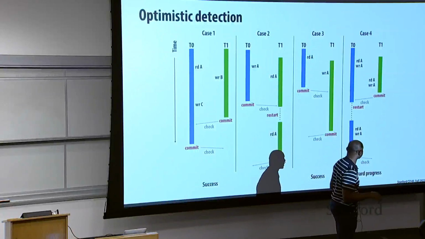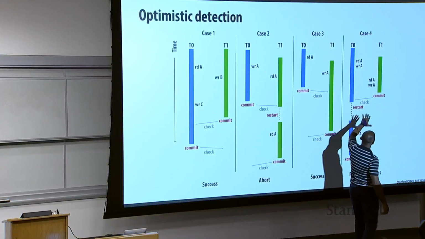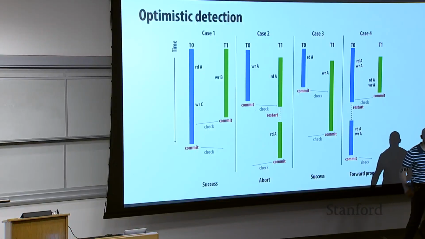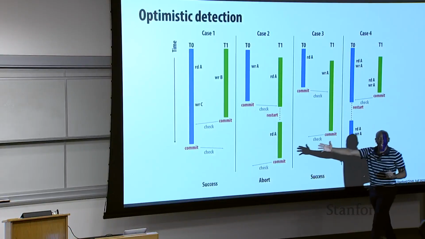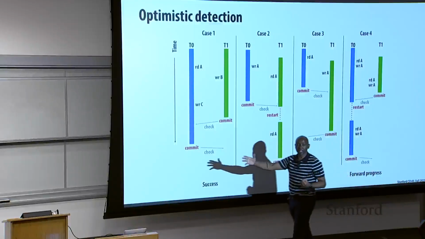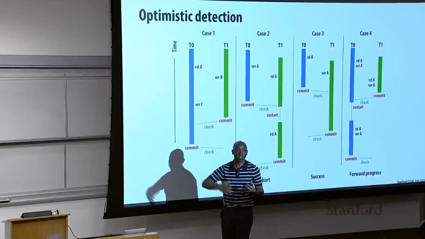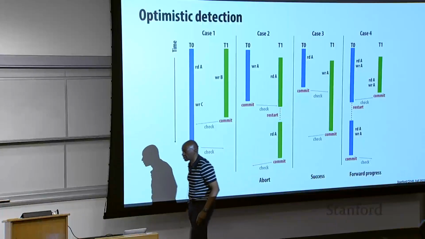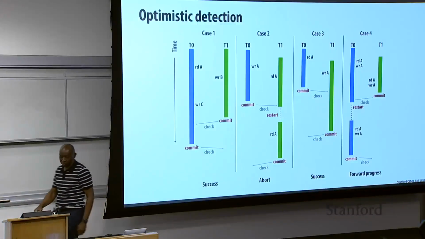Remember, the check was you compare the write state of the committing transaction with the read state of all the outstanding transactions that are still in execution, and if there's a conflict, then those transactions have to abort, and the committing transaction gets to commit.